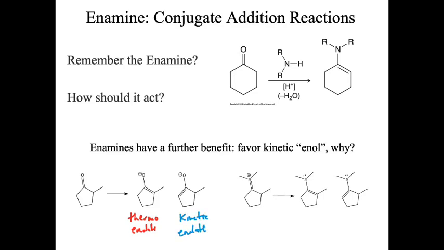enolate. If we're using a weak base, or a weak strong base, our oxide bases, we're going to get the thermodynamic enolate. Would that cause problems in our Michael additions? No. Where's our nucleophile? There, right?